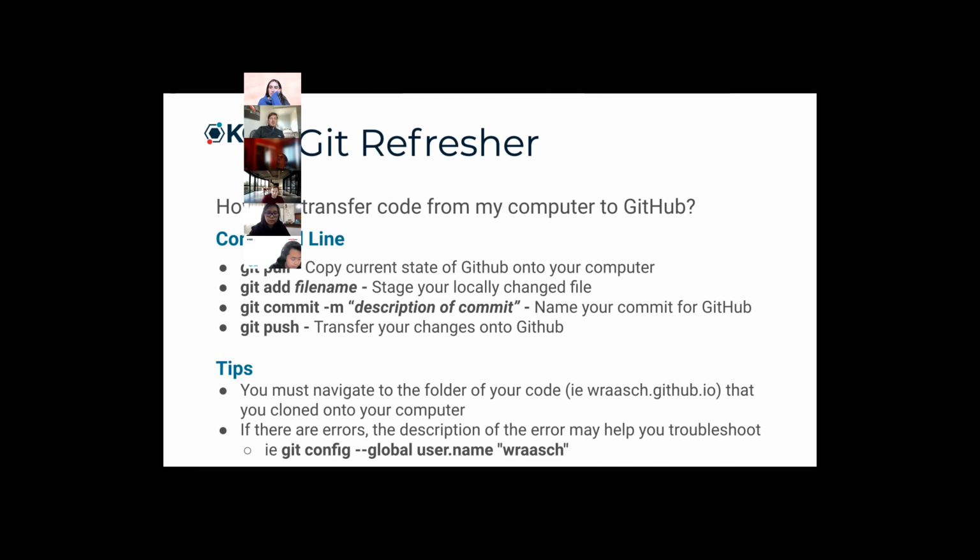So a few tips. One is you want to make sure that you're on your command line, navigated to the folder of your code that you've cloned on your computer. And then if there are any errors, usually the error will actually tell you what you need to do. And if it doesn't, one trick that works 98% of the time is you just copy that error and Google it.